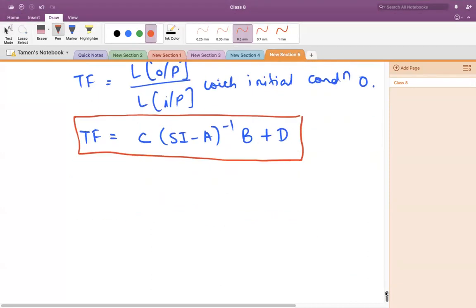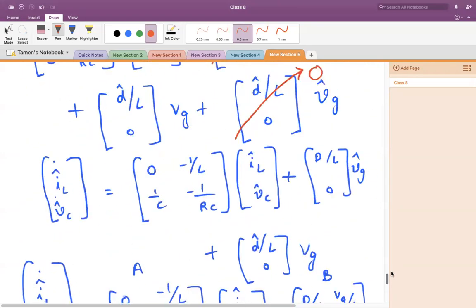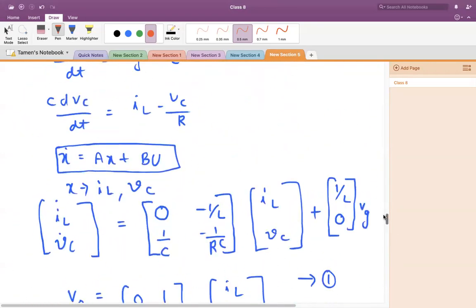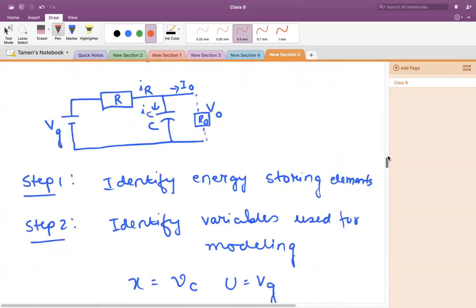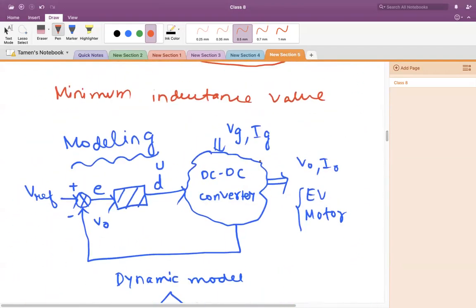So now, what is our objective? Our objective is to control the duty cycle. I think I'll show you. Yeah, this model.